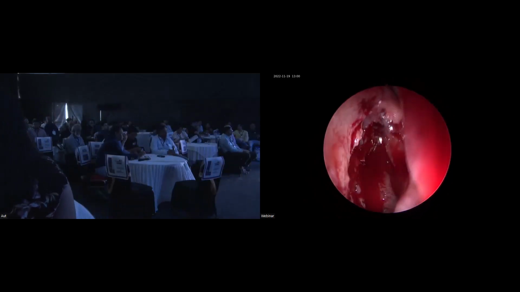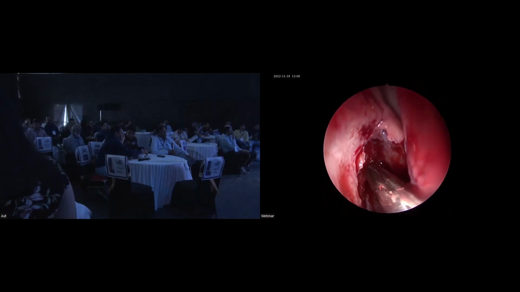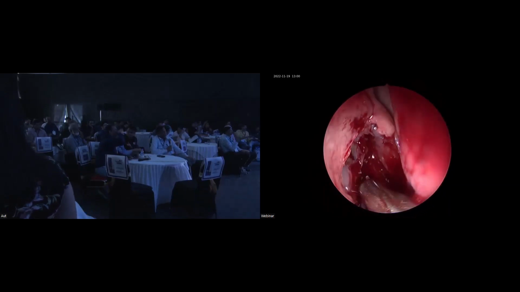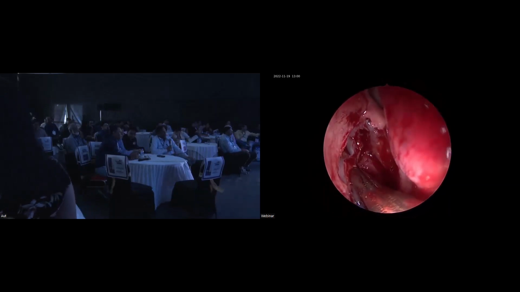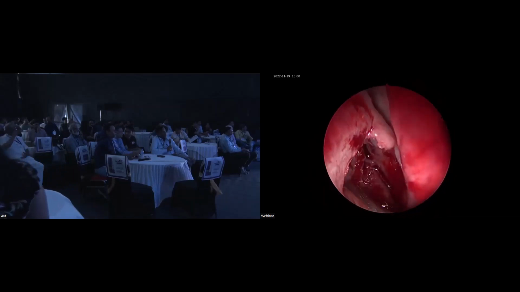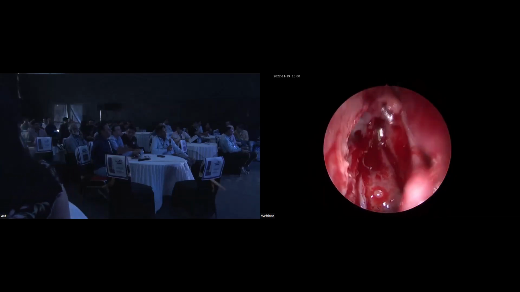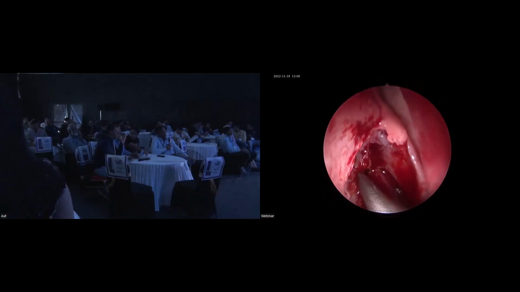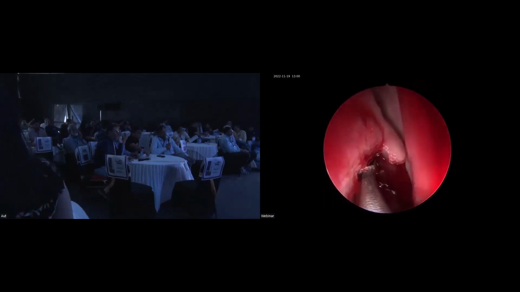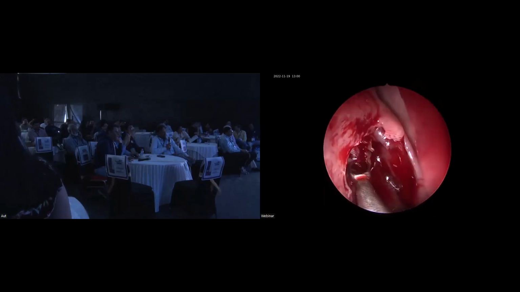Ball point, please. Ball point, no. Double curve suction. Double curve curette. So you remove this cell. Yeah, posterior wall of agger. Yes. What I've removed is the posterior wall of agger.